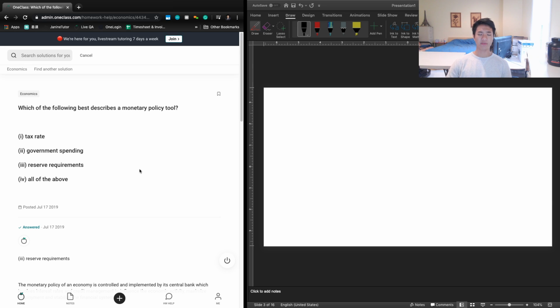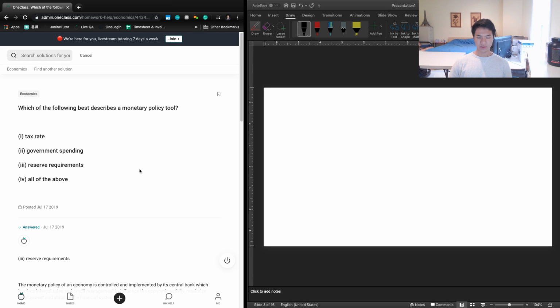What tax rate and government spending fall under is fiscal policy. So these are both fiscal policy tools, and the primary way that the government, in terms of Congress or the executive branch, would go about trying to influence the economy, but not the Fed.